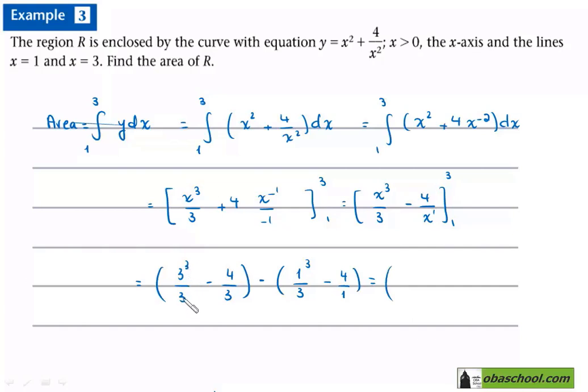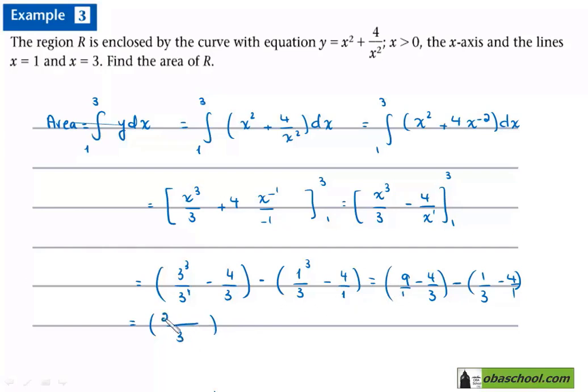Equals 3 to the power 3 divided by 3 is 3 squared. We simply are working with the powers. 3 squared is 9 minus 4 over 3, minus, 1 to the power 3 is 1, over 3 minus 4. We solve each parenthesis separately. For the first one, the common denominator is 3.